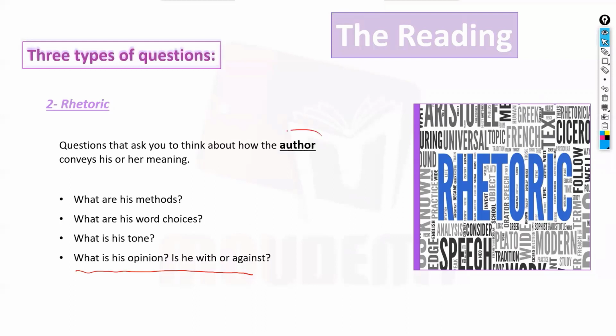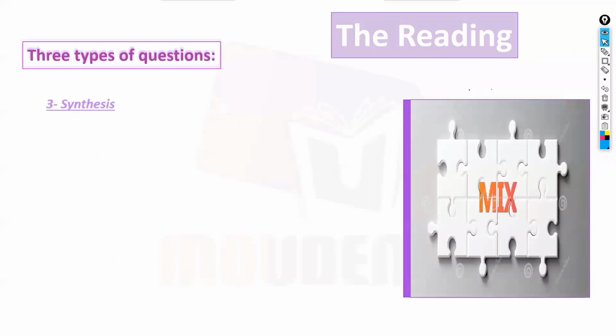So, I told you, the first type of question is related to the passage and the ideas and information in the passage. The second type, however, is related to the author. And we have the last type, synthesis.